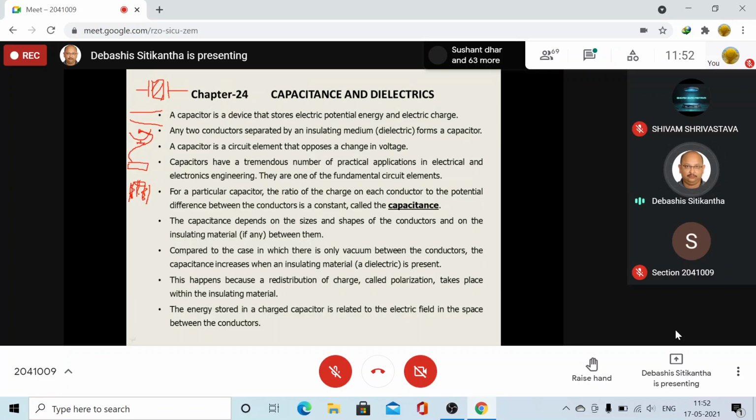So aluminum is a conductor, copper is a conductor, and in between them there is the presence of PVC, which is an insulator. So in this way, this cable is also going to behave like a capacitor.